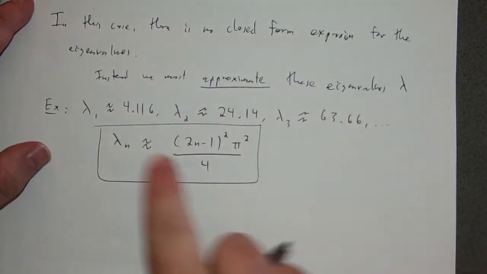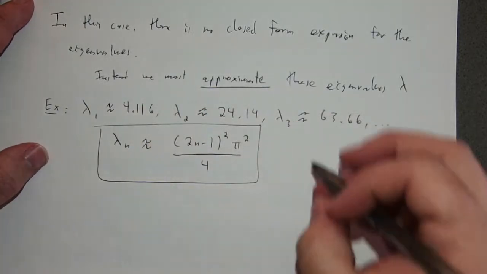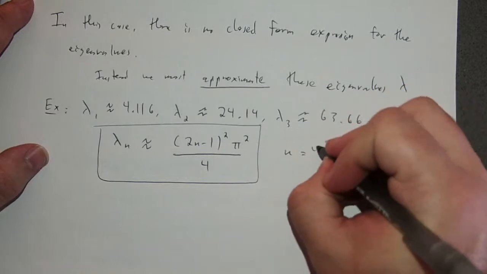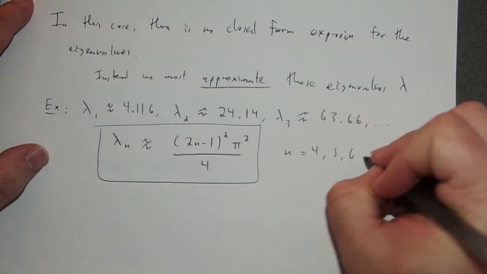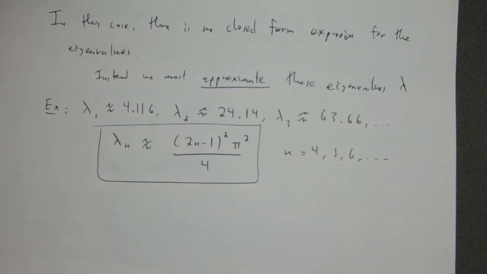Okay, and you can check that those are indeed approximately this thing. This is for the higher ones, though. We'll say n equals 4, 5, 6, and so on.